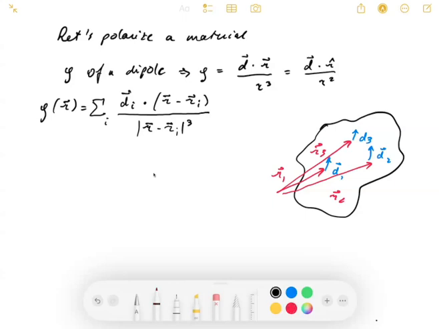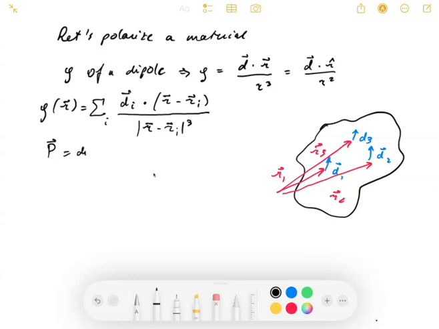Okay, now we can change this to an integral formulation where we use a dipole moment density.